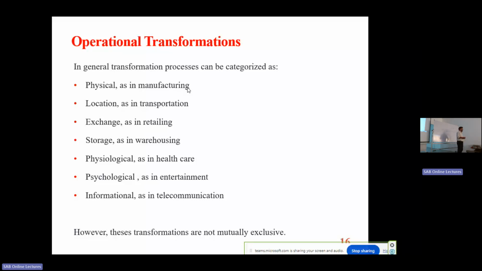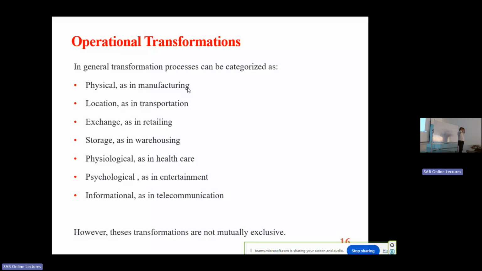Information. When information is being processed, we call it informational transformation. Like education, what happens? We have textbooks, theories, frameworks, standards. So when we discuss, that's enough. Do you get psychological transformation here?